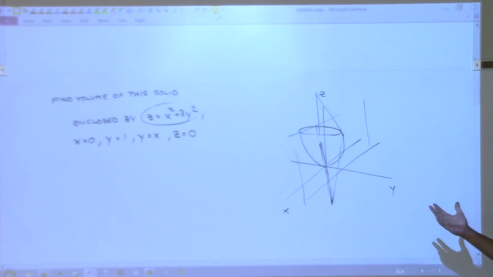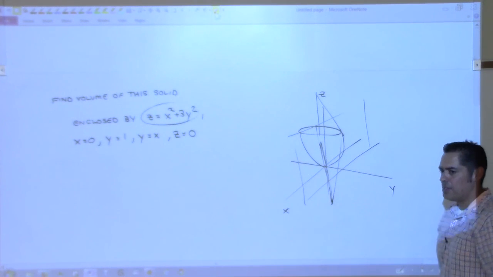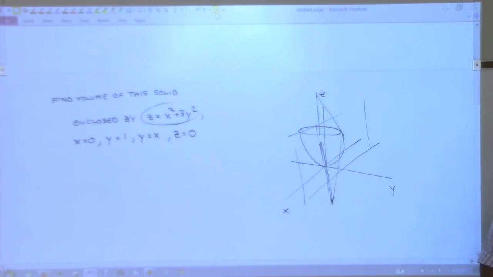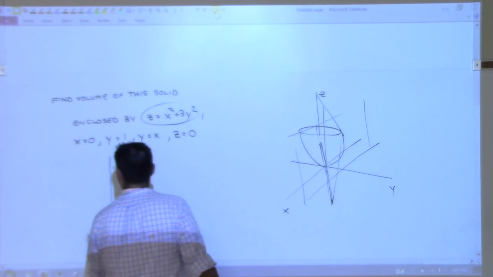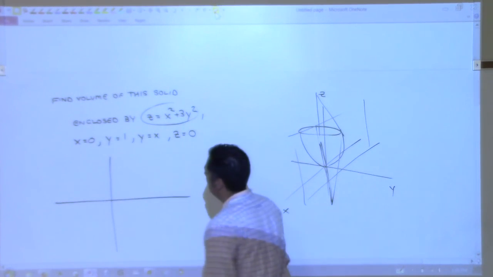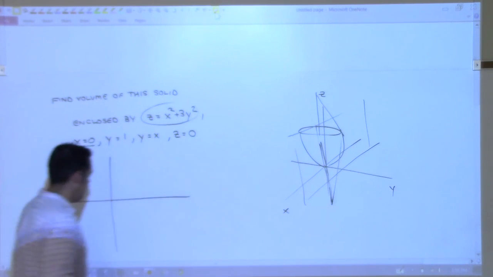You'll agree with that. So what I think works the best here is to try and visualize the domain on the ground and then come back to this. So let's try and see what the domain on the ground looks like. Let's put all these together. I'm going to start with x equals 0.